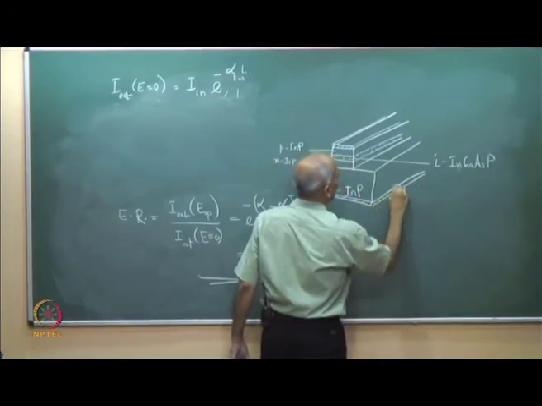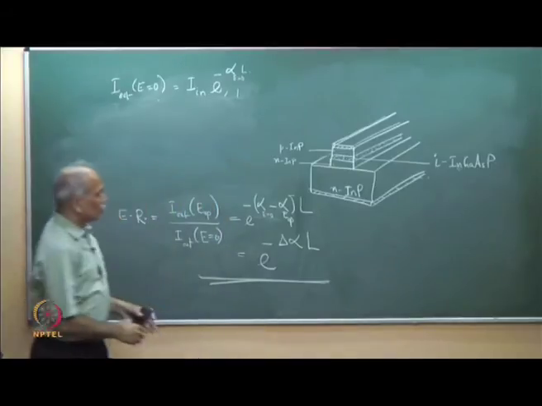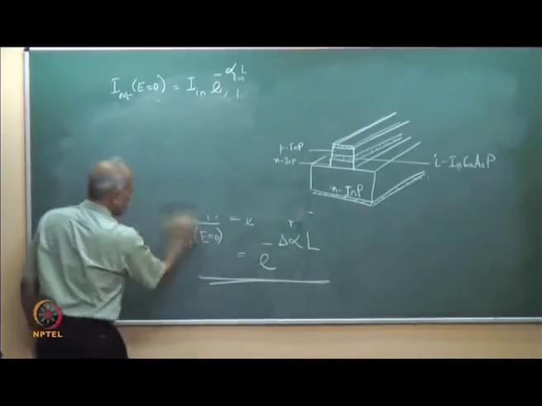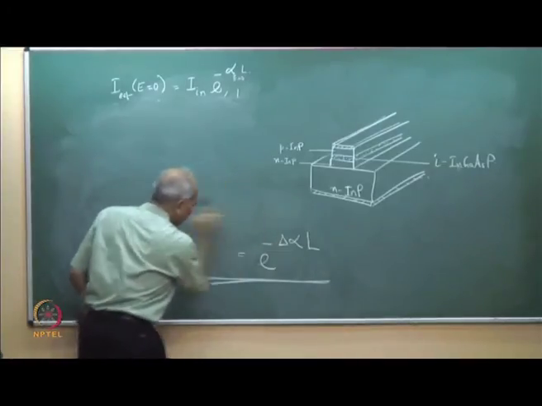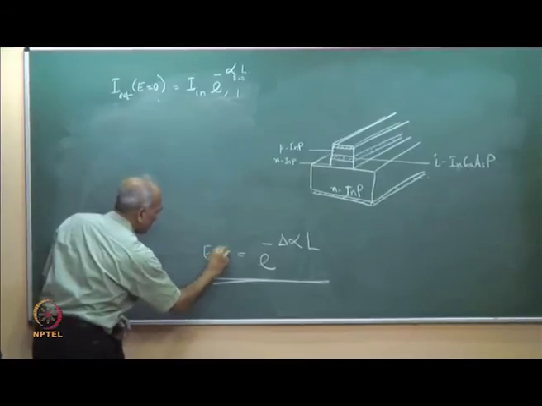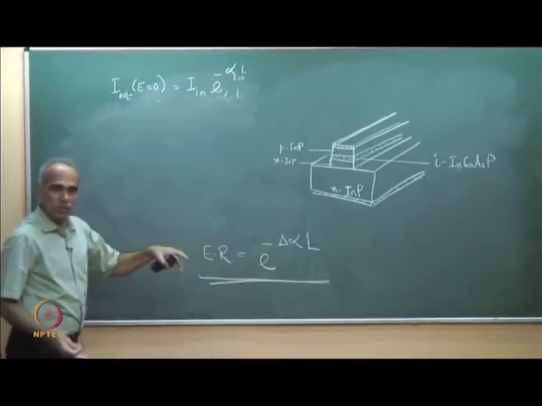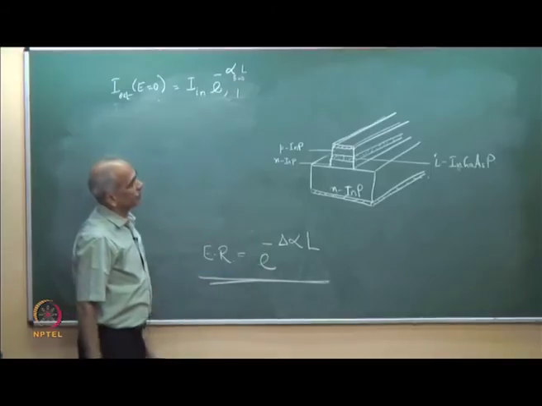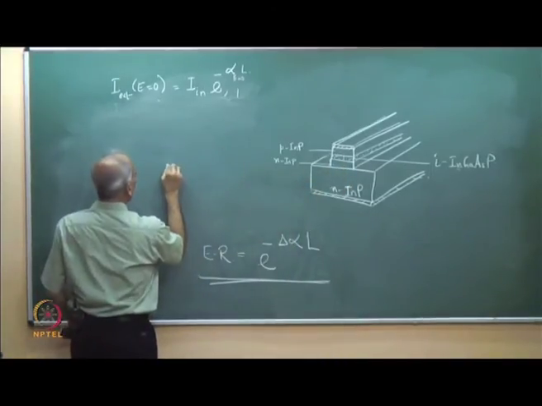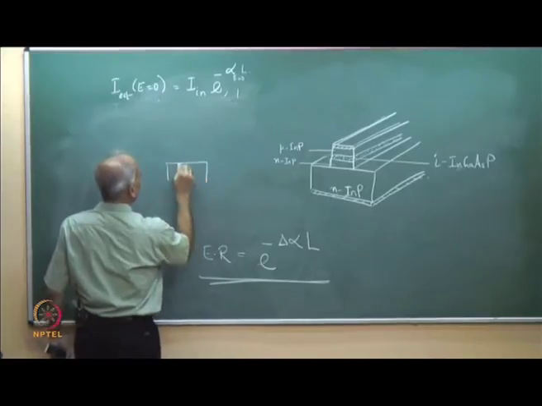Let me draw the structure and then we will discuss. So, what I have drawn is a ridge waveguide. If I show you only the front end, it will be like this.